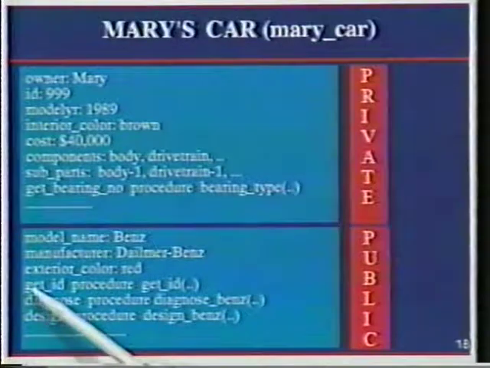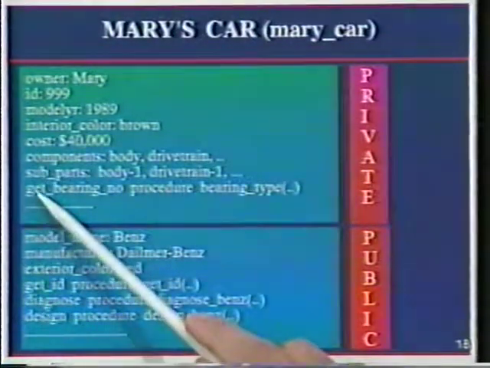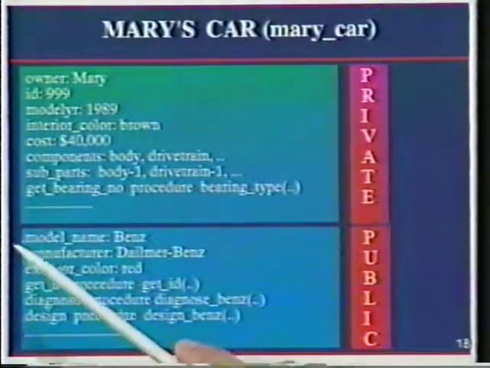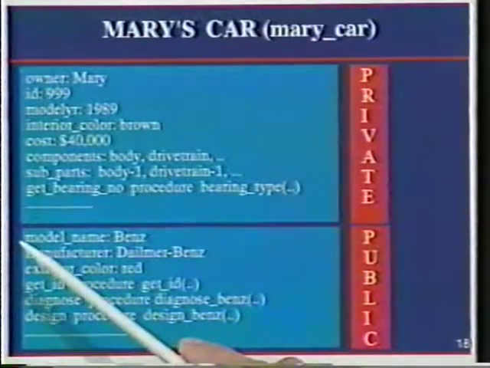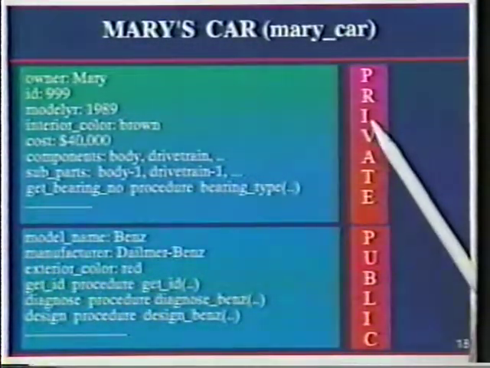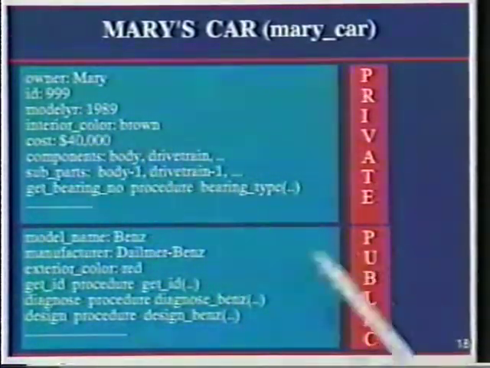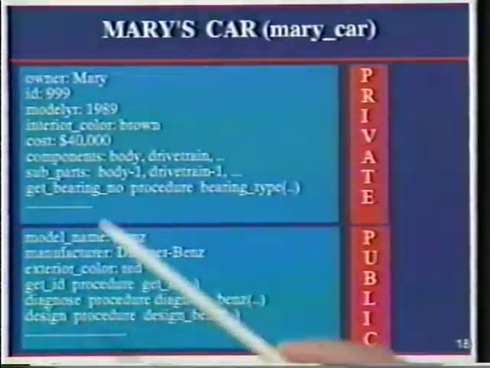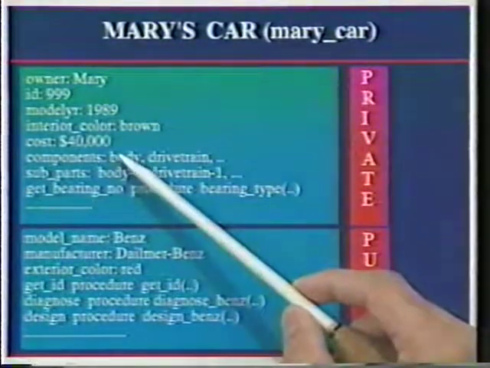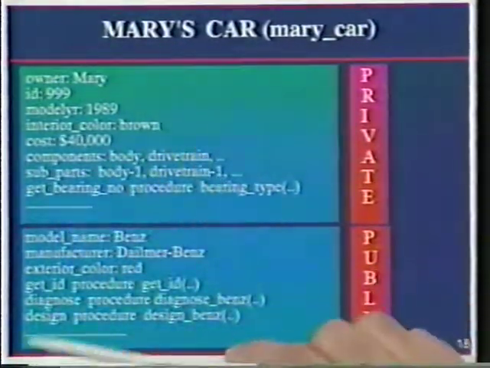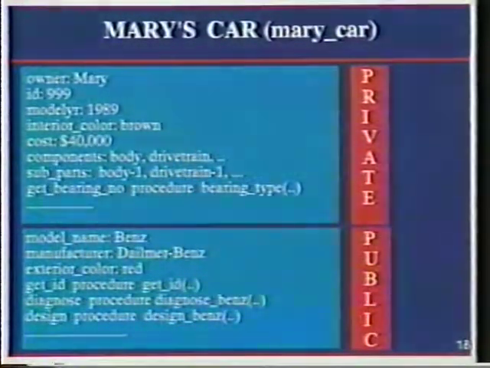So from some public interface, I can go into this private behavior. Now we have divided Mary's car into a private part and a public part, and in the public part we have both structure and behavior, and in the private part we also have both structure and behavior.